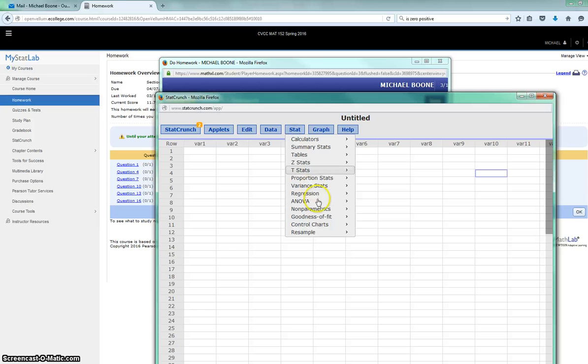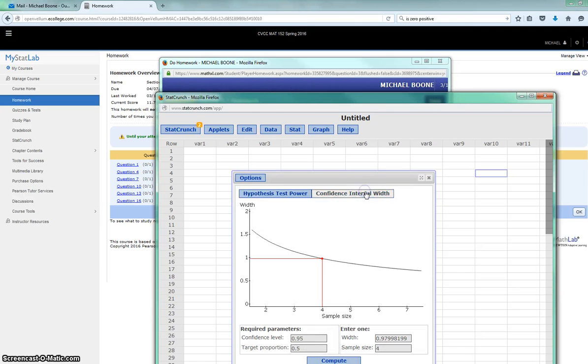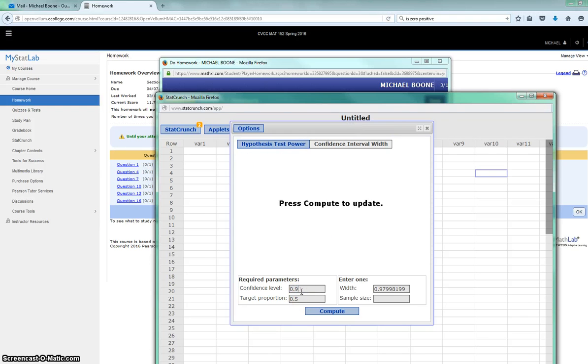So if I go to my proportion stats, one sample, I do power and sample size. Again, we're going to do confidence interval. We're not dealing with power. That's something you might do in a different class. We're going to be 99% confident. Our target proportion, our previous estimate, was 0.32.